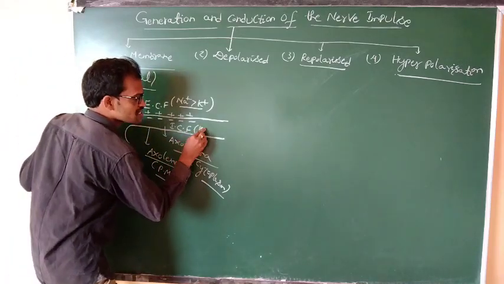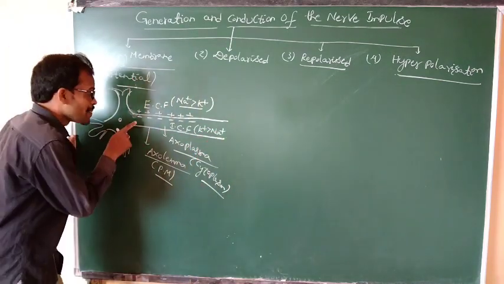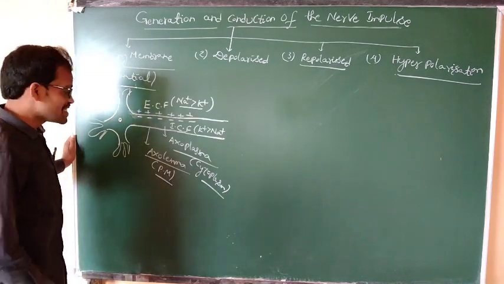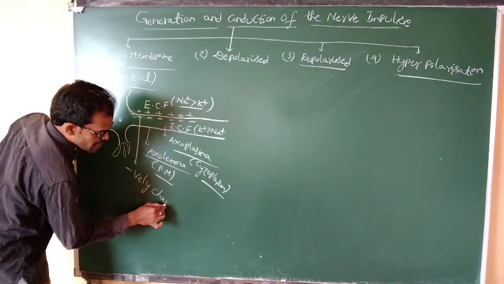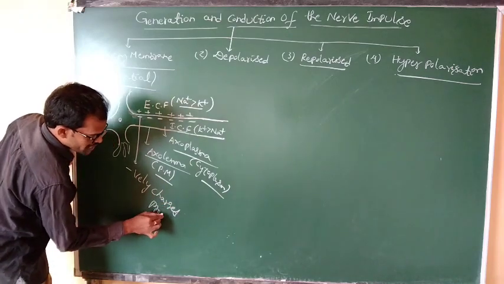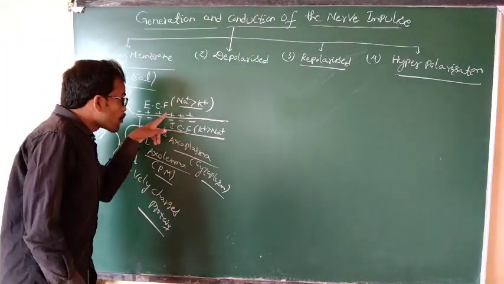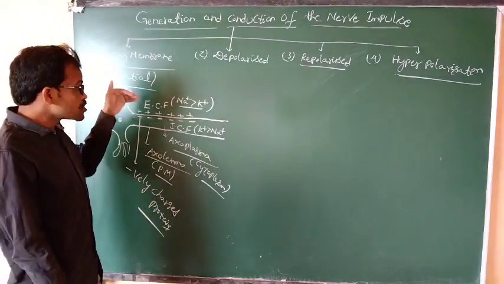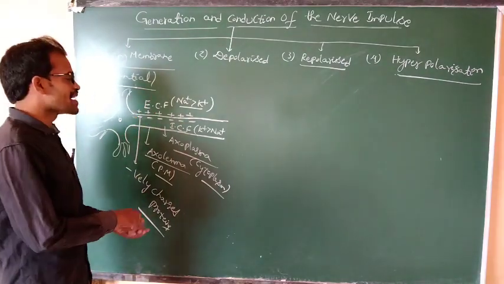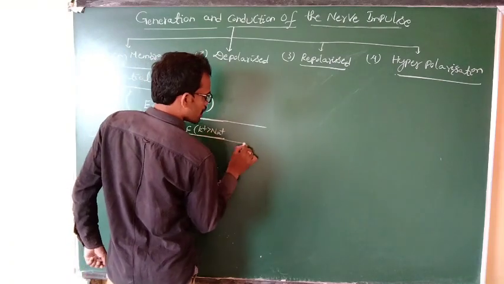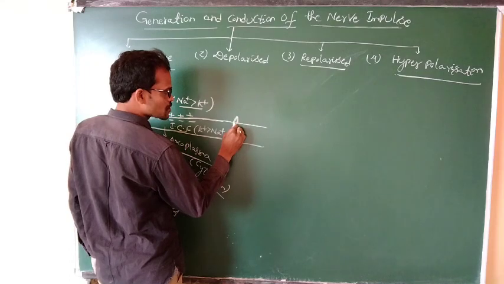Inside, the potassium concentration is higher compared to sodium. The negative charge inside is maintained by negatively charged proteins. This outside positive, inside negative charge is maintained by the plasma membrane, the axolemma.